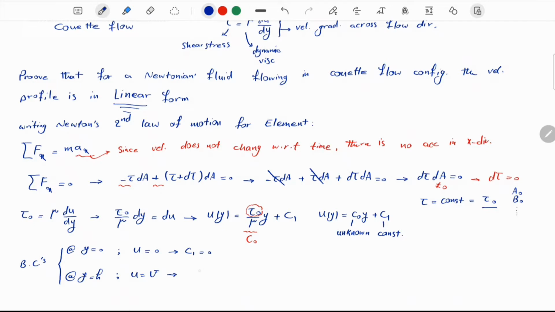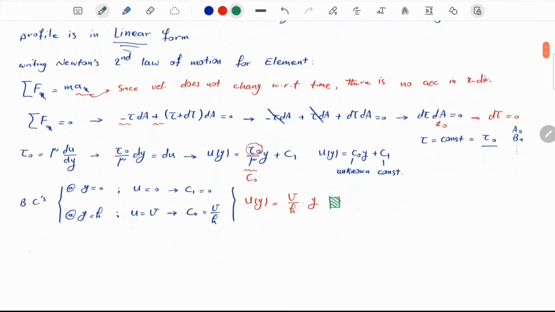From the second one, we have c naught equals capital U over h. Finally, putting all together, we have u as a function of y equals capital U over h multiplied by y. This is our final result for this problem.